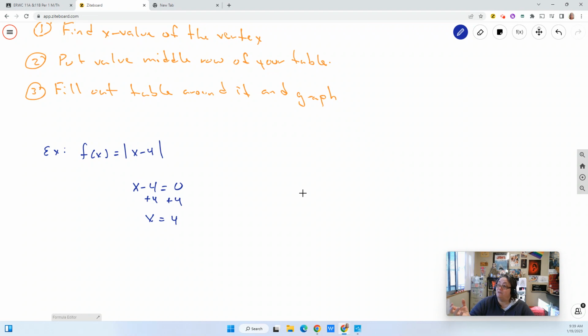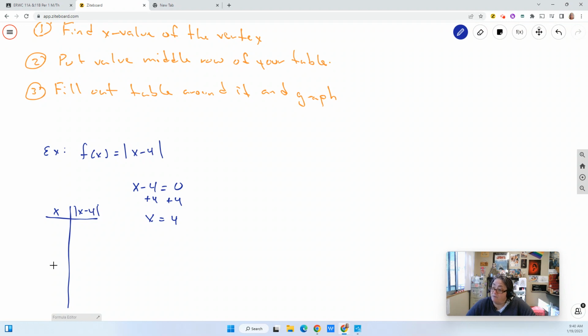And so it says put the value in the middle row of your table. At least that's what it's supposed to say, but I forgot the words in the. So here we have our x, and here we have our absolute value of x minus 4, or you might see it written as f of x, where that just means that you're taking that value and setting it equal to whatever it is.